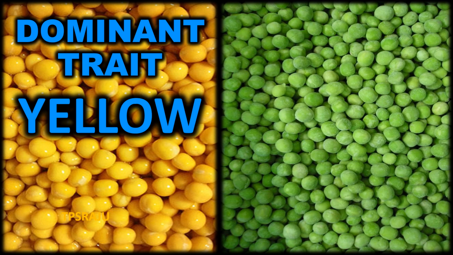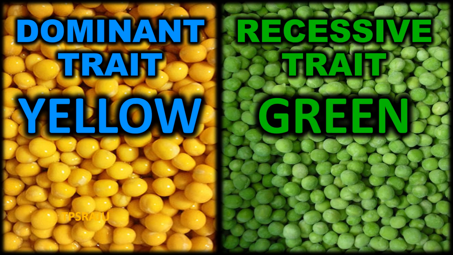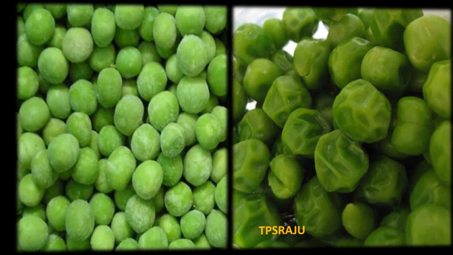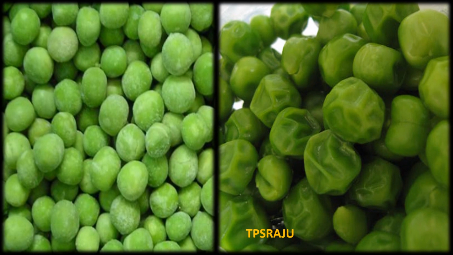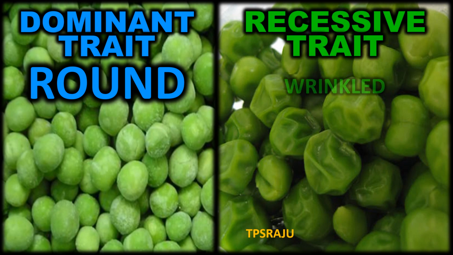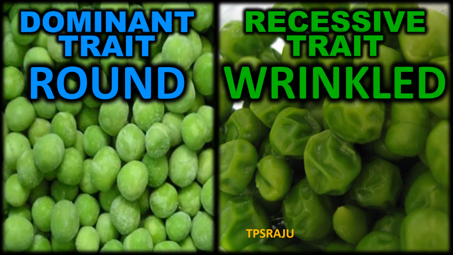Dominant trait is yellow. Recessive trait is green. Which shape of seed in pea plant is a dominant trait and a recessive trait? Dominant trait is round. Recessive trait is wrinkled.